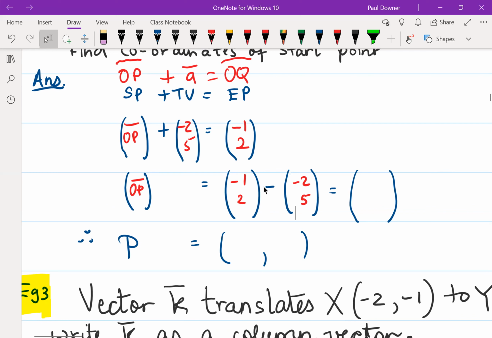And if you take minus 1 and add 2, you end up with 1 as your answer. So 1 is going to come up here. Now remember, you're not going to have your calculator there to do that calculation, so you're going to have to be able to work out this part. This minus 1 minus minus 2 becomes minus 1 plus 2, which gives us this 1 here. And then 2 take away 5. Obviously, 2 take away 5.